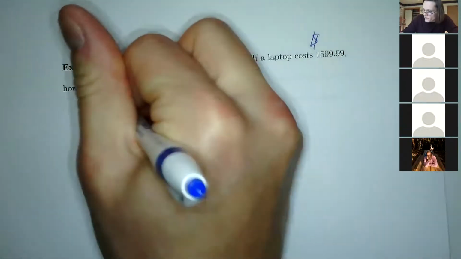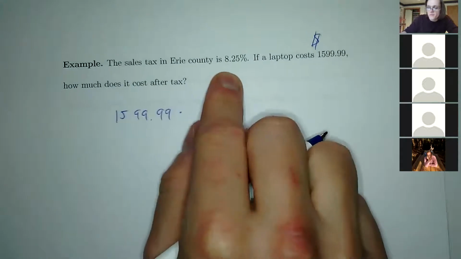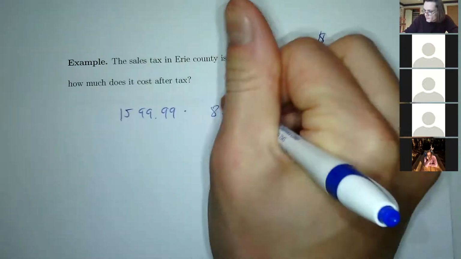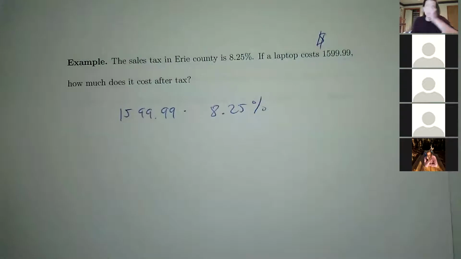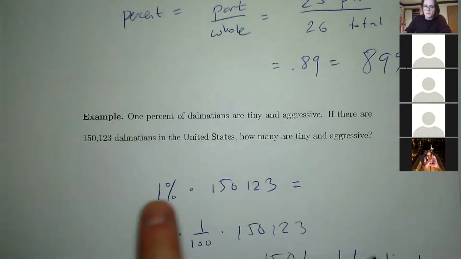So 1599.99, and then I'll multiply it times 8.25%. This is part over whole equals the percent. I'm using the same technique that we used for the Dalmatian problem.